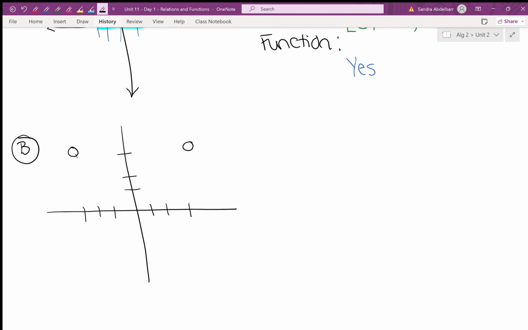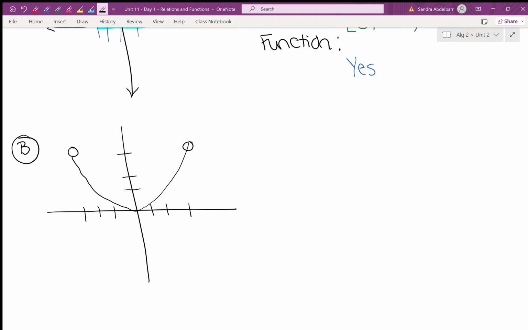It's like a number line. That's a number circle. It's a parabola. Supposed to be a parabola. I'm not very good at this. Whatever.